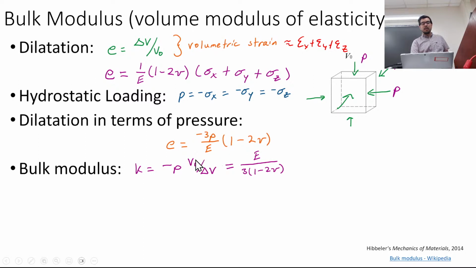We can manipulate this a little bit, and what we see is that the bulk modulus is related to the elastic modulus and the Poisson ratio. So you can go from properties reported for tensile testing on a material to a bulk modulus, which gives us an idea of how this material is going to respond under pressure, under hydrostatic loading.